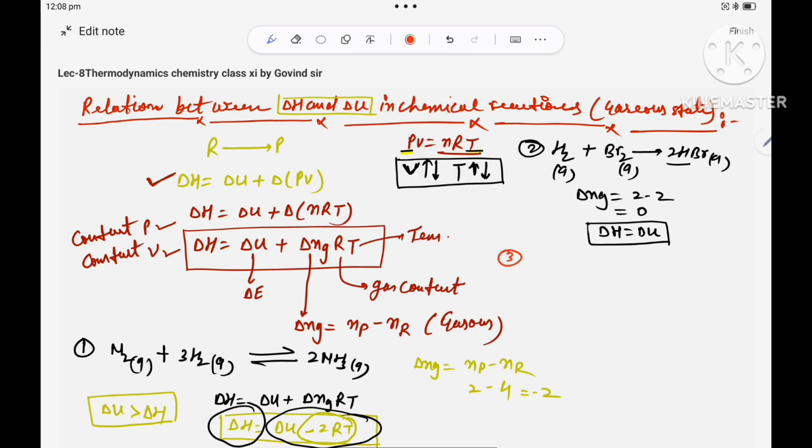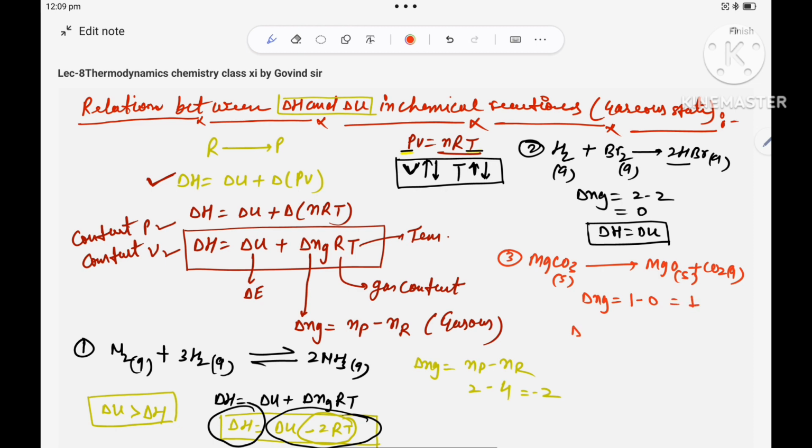Number 3, MgCO3 solid gives MgO solid plus CO2 gas. Delta Ng: in the product only one gas is there, in the reactant no gas is there, then delta Ng is equal to 1.